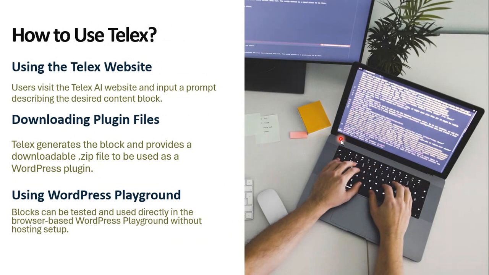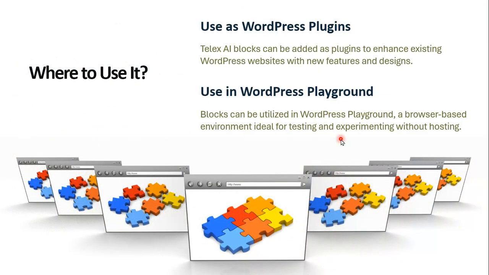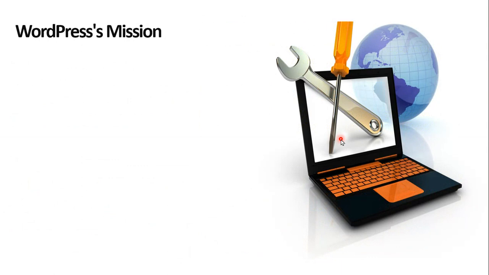And you can use this downloadable zip file in any WordPress installation, whether it's WordPress Playground, a browser based environment, or your localhost, or any website where WordPress is installed. You can use these blocks as WordPress plugins.